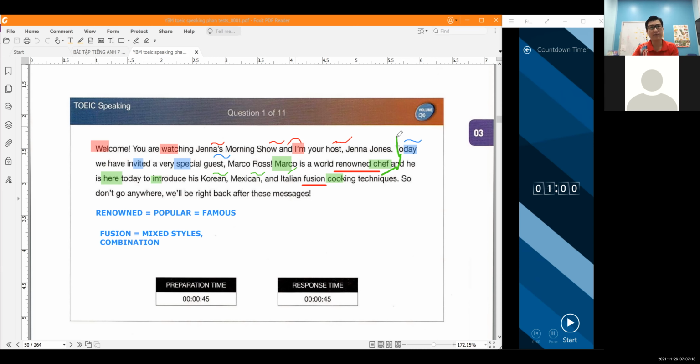But this is the end of the sentence, so you can say cooking technique and lower your voice down. If this word is in the middle of the sentence, you say technique. You get it?